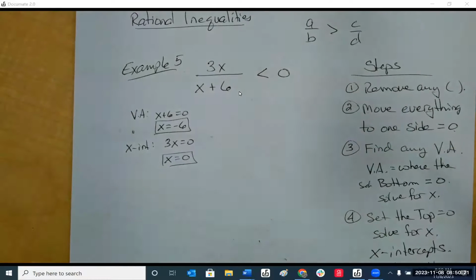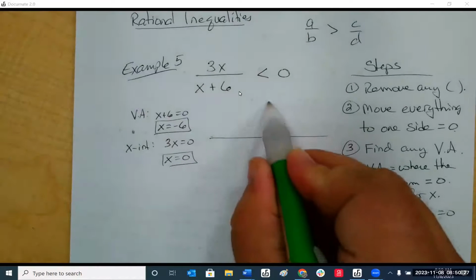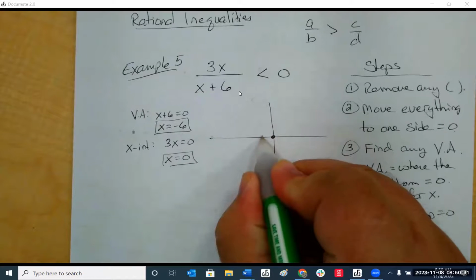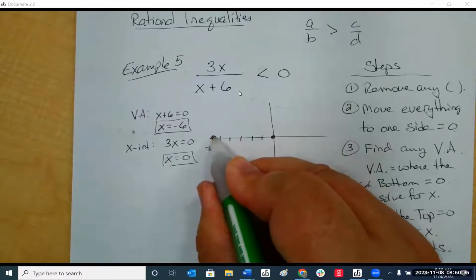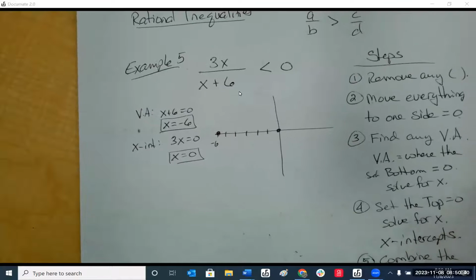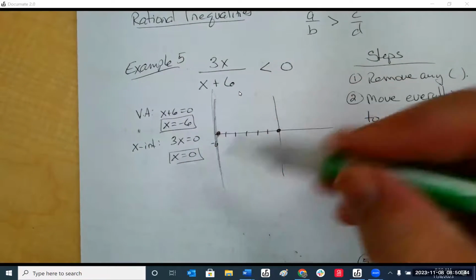There's nothing to combine. There's nothing to simplify. So we have our x-intercept there, and another one there. Negative 6 is your vertical asymptote.